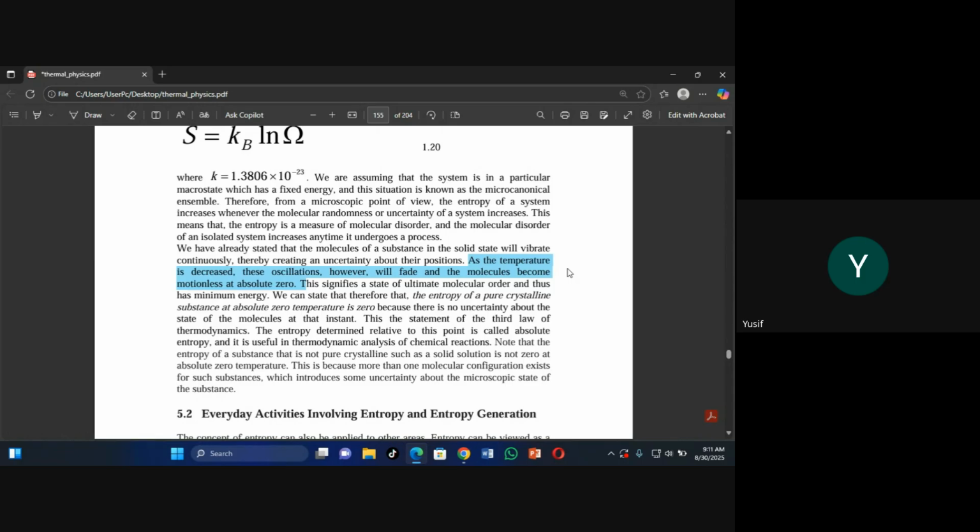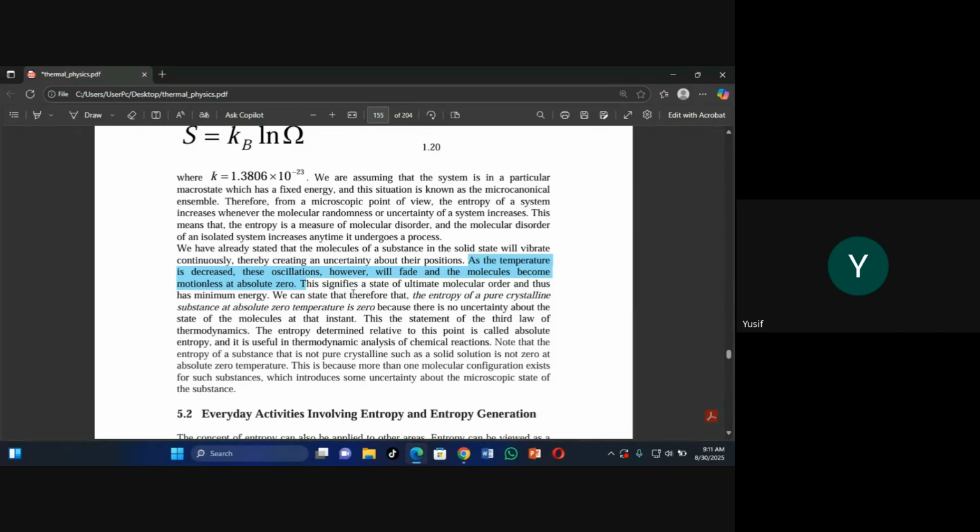But when there's no heat applied to it, or the metal is at absolute zero, then determining the particle or the molecule at any instance becomes very easy. This signifies a state of ultimate molecular order and thus has minimum energy.